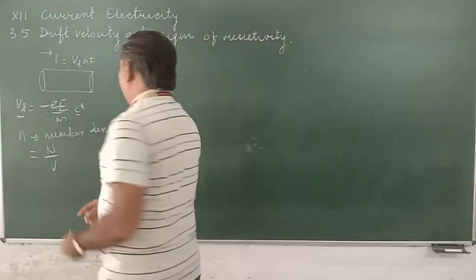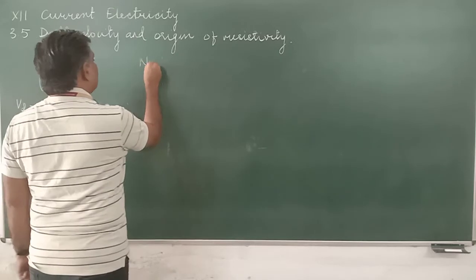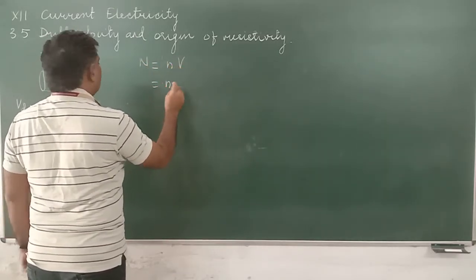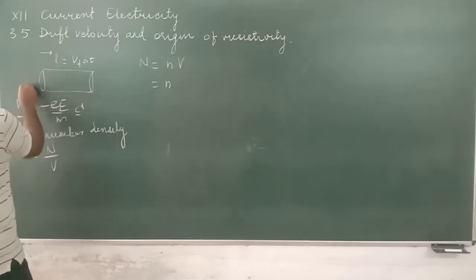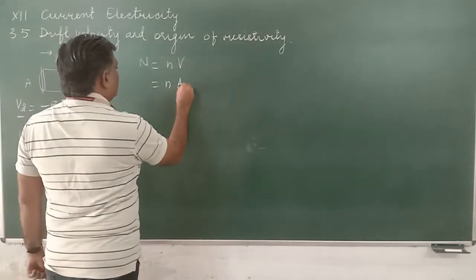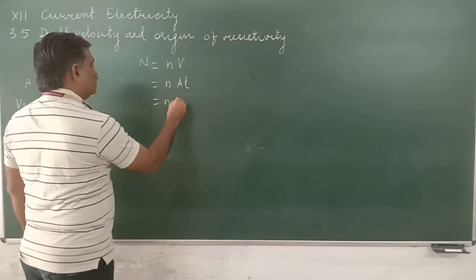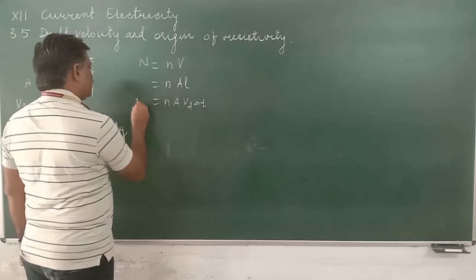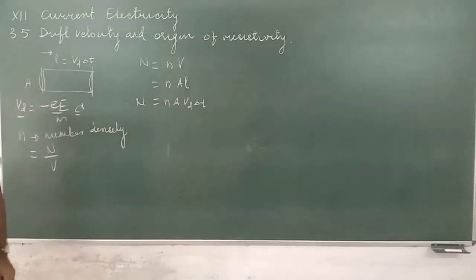Okay, the total number of electrons N is n into volume. If A is the area of cross section, volume will be A into L, which is equal to A Vd delta t. This is the total number of electrons.